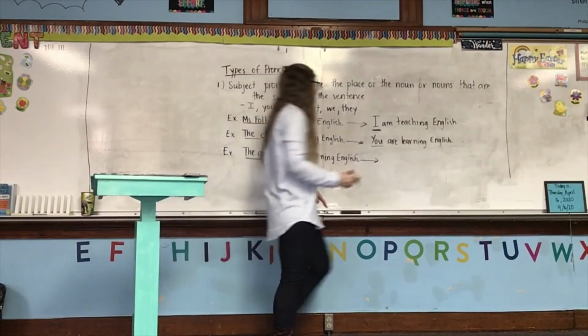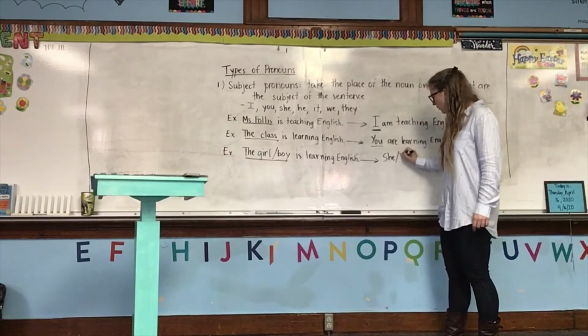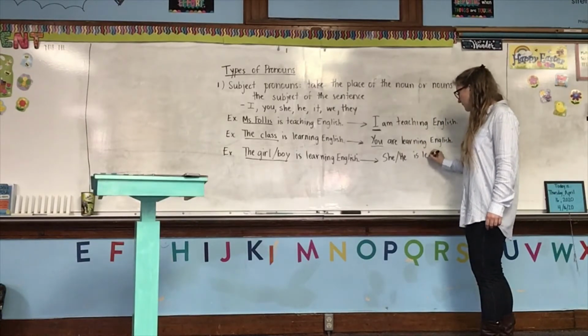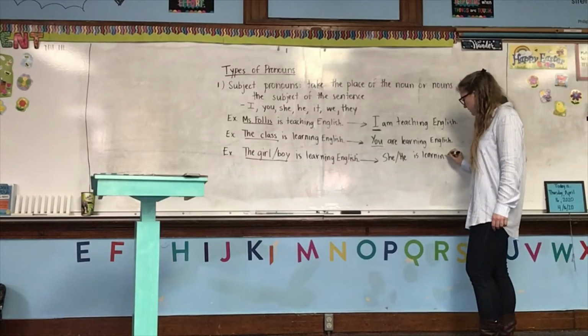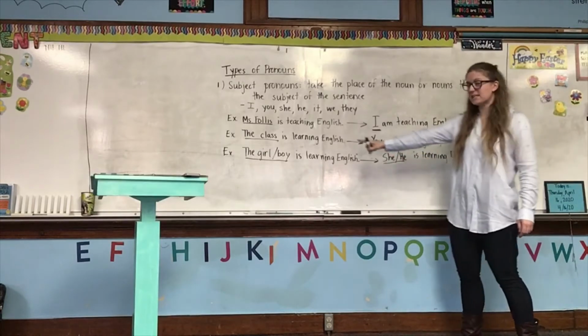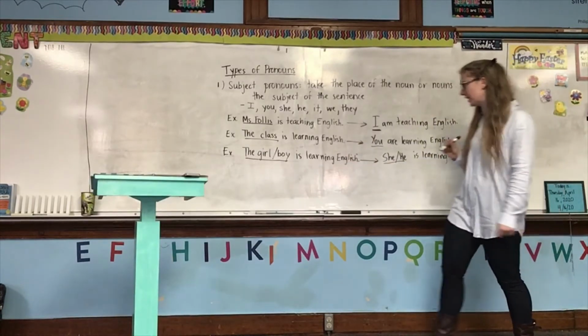So I'm going to replace it with the subject pronouns she or he is learning English. So I changed my subject, the girl or the boy, to she or he. She is learning English, he is learning English.